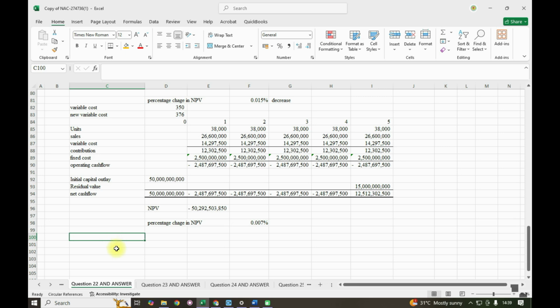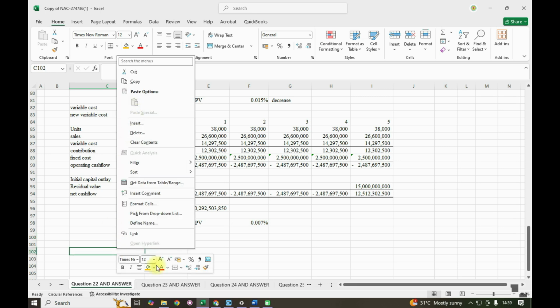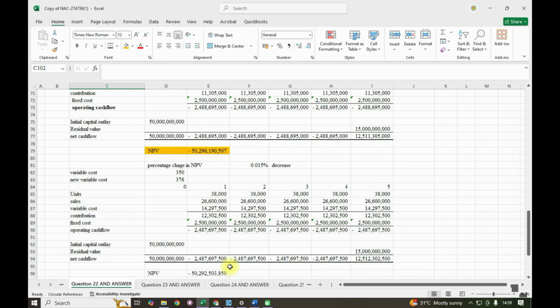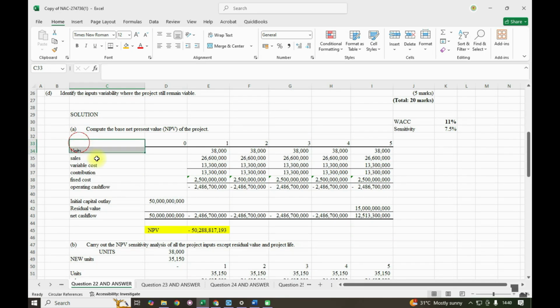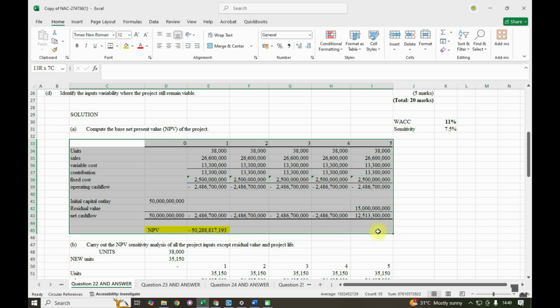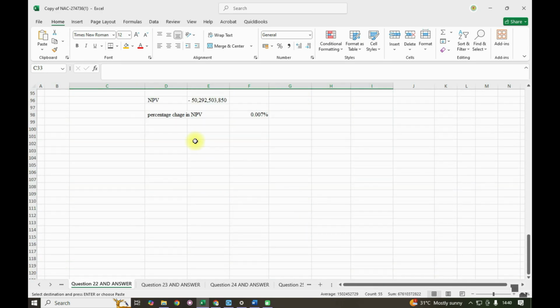So if we paste the rest, so we shall have now to copy our base, copy the base, and I will paste it twice to make it easier.